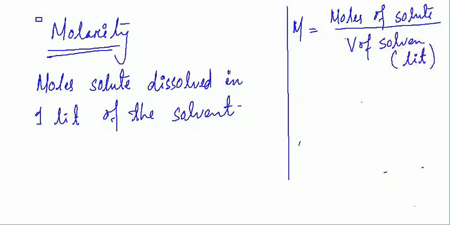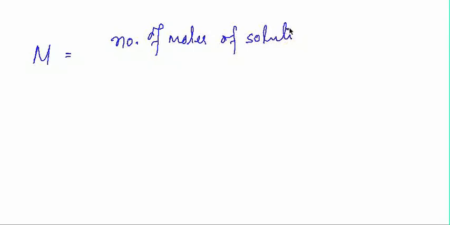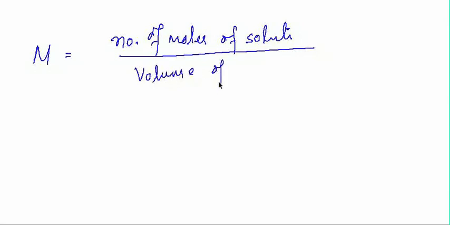Now there are some variations of this formula as well. So let's write the formula and let's derive its variations. So M is equal to number of moles of solute divided by volume of solvent in liters.